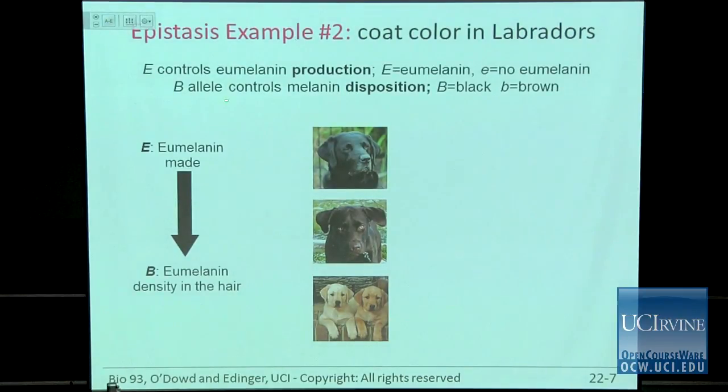At the B locus, there's an allele that controls melanin deposition in the hair. So if you have at least one dominant allele, you can deposit lots of melanin in the hair. If you have the recessive, less functional allele, you can't put as much melanin into the hair, so you end up being brown. So my question for you guys to practice here is, what are the possible genotypes of these dogs? Because what's tricky about epistasis is assigning the phenotypes. So go ahead and give it a try, and we'll go through the answer.